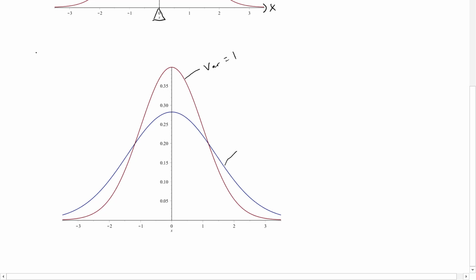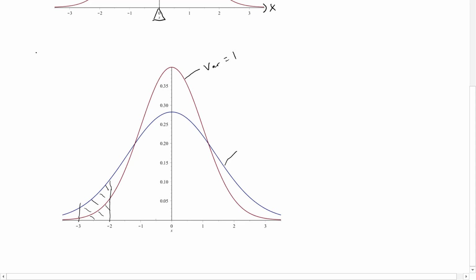For example, if we look at the probability of getting a number between -1/2 and 1/2, it would be something like this area for the blue guy, while it would be this area for the red guy. So that's larger. To compensate for that, it has a higher probability of returning a number further from 0. So let's say the probability of getting a number between -2 and 3 is this area for the red guy, and it's this area for the blue guy.